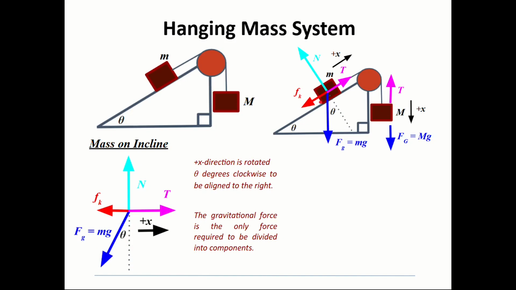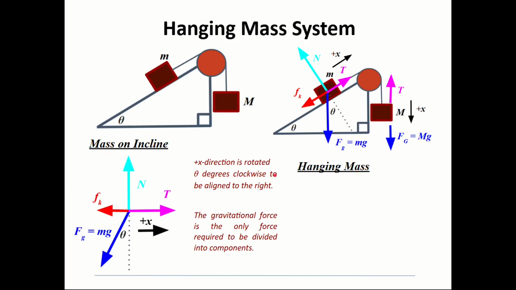And if you take a look over here, you'd see the inverse situation if you were to consider the forces as shown on this diagram. You see that the gravitational force is downward here, so that's one direction. But then the normal force, the tension, and also the frictional force would all have to be broken up into different components, which is a much harder problem to deal with. So that's why we like to consider our free body diagram like this when we're dealing with this hanging mass system problem.